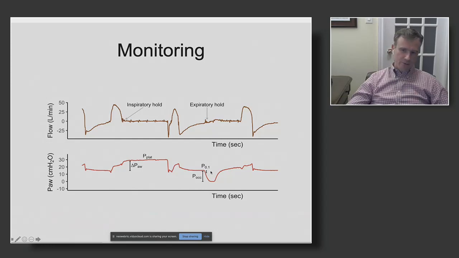And then this pressure here, P0.1, is the pressure developing in the airway during the first 100 milliseconds. Many ventilators will actually provide this on an automated basis. And so this is an easy way to detect whether patients have large inspiratory efforts. A POCC above 15 or a P0.1 above 3.5 would be concerning for excess inspiratory effort.